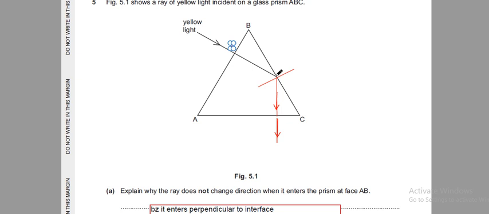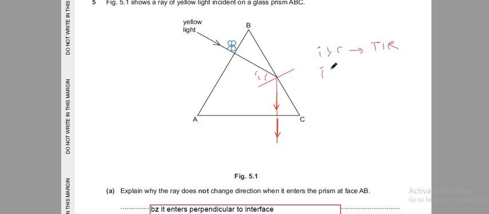So through the prism it will be incident on BC. So we will use the protractor to measure this angle, and if this angle, which is i, is greater than C, we will have total internal reflection.